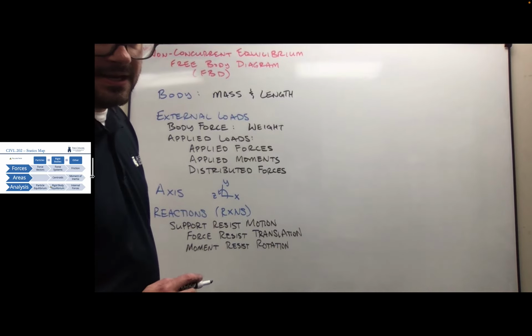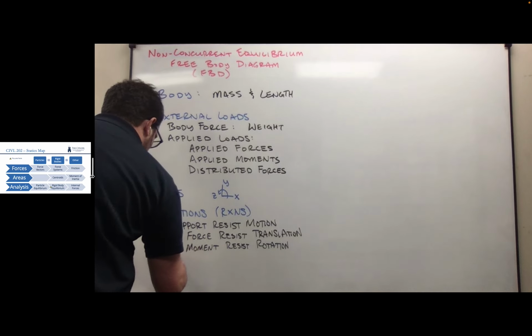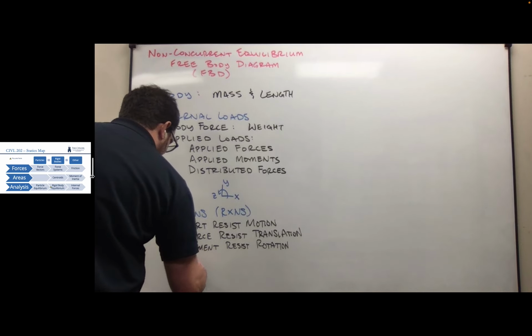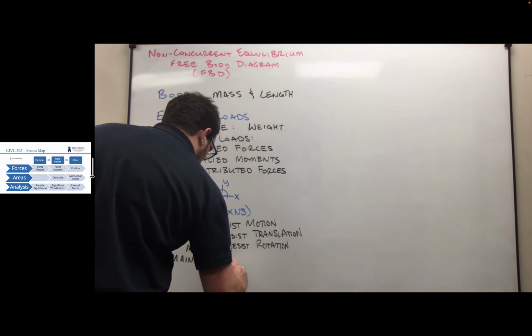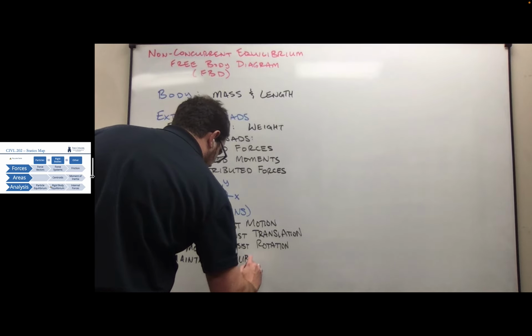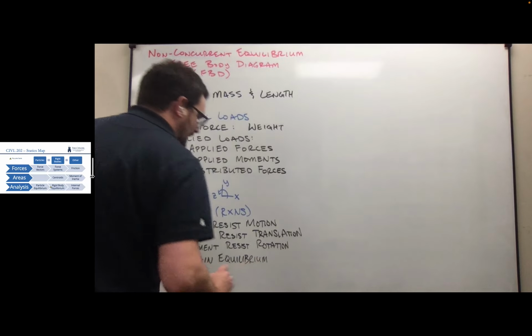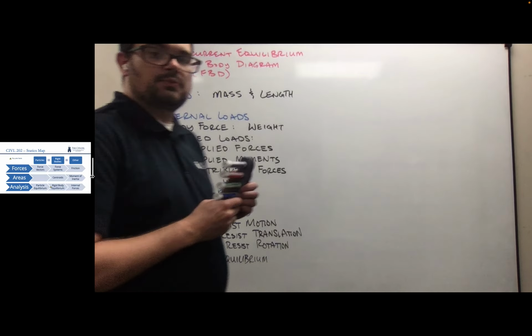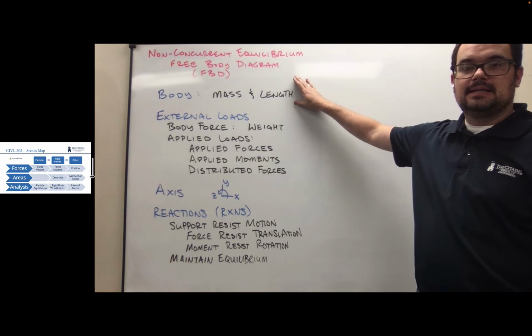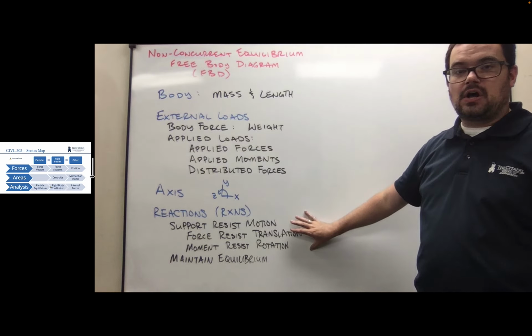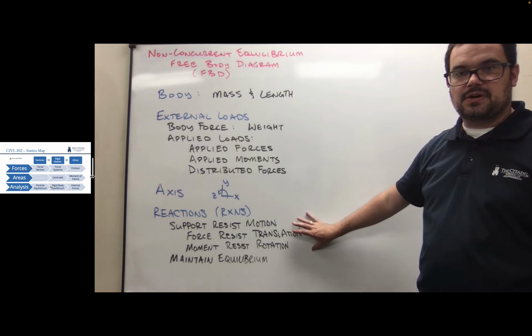And then from here, we'll note that these things maintain equilibrium. And in most statics problems, we're going to have our applied loads acting on our rigid body, and we're going to be trying to solve for what these reactions are.